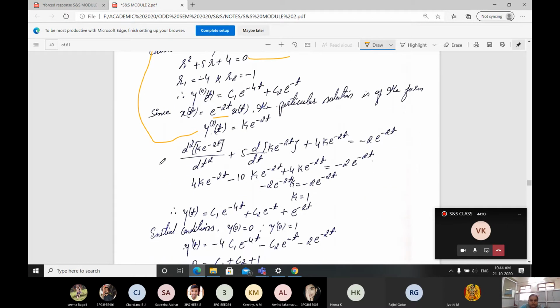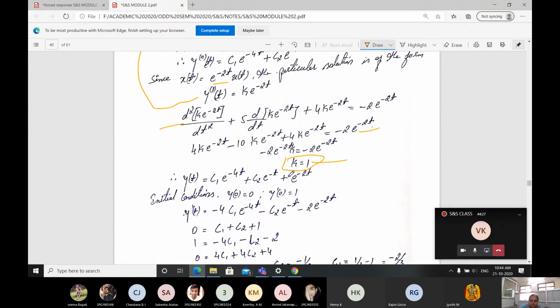Do the differentiation operation. You will get 4k e raised to minus 2t minus 10k e raised to minus 2t plus 4k e raised to minus 2t equals minus 2 e raised to minus 2t. Solving this, you will get k equals 1.